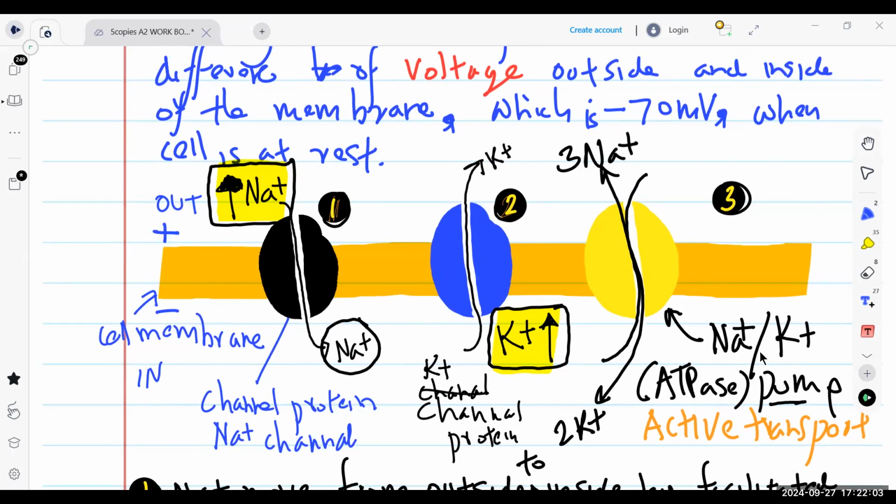Sodium potassium pump. So 3 sodium pumped outside and 2 potassium pumped inside. It is an active transport system, ATP is involved.